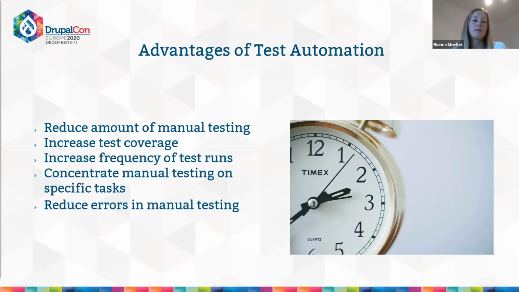And also by automating tests, we can increase the test coverage. If you imagine the visual regression tool, which is taking screenshots, it is much more accurate than any human being could probably test the site, and it is also going at a much faster pace than we could do.